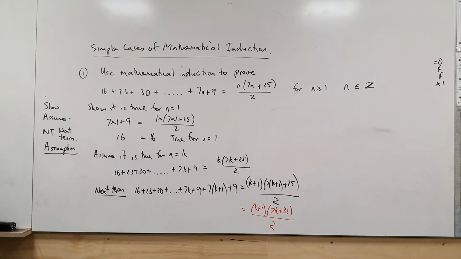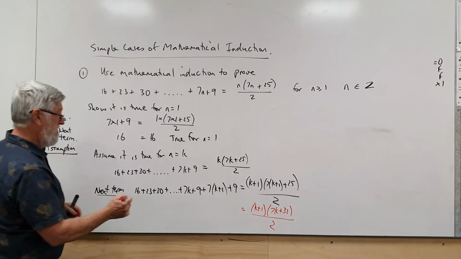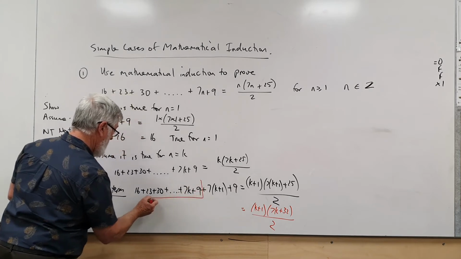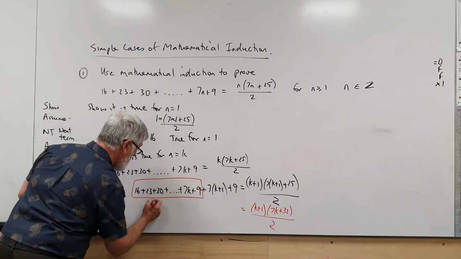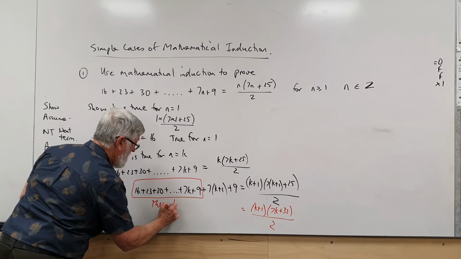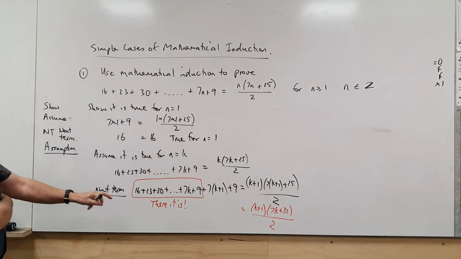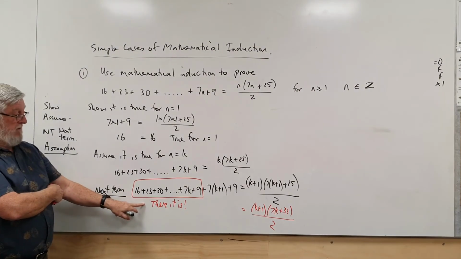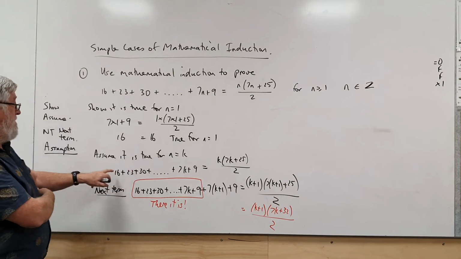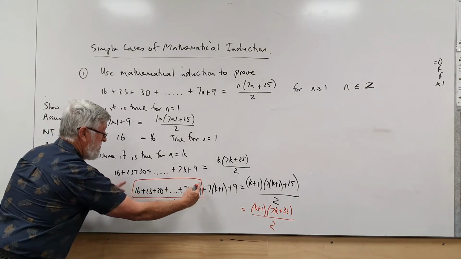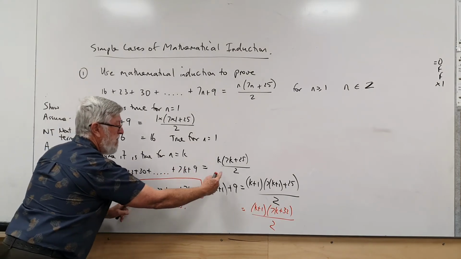Assumption. So where's our assumption? I do love, as you know, going, there it is. What's it got to do with anything? Well, I know that that, which is that, can be replaced by that.